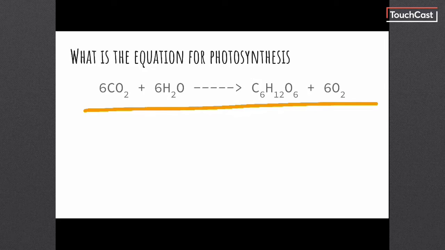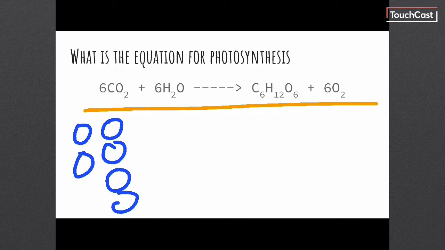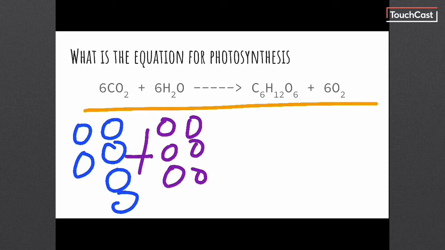So if I could give you guys kind of a picture, it's not going to be a perfect picture. Let's just say these are CO2: 1, 2, 3, 4, 5, 6. I have 6 sets of those. And then we have 6 sets of H2O: 1, 2, 3, 4, 5, 6, okay? So these two are combined, all right?